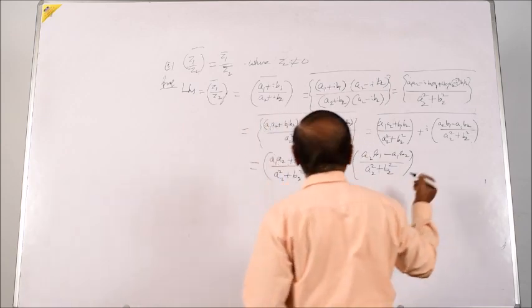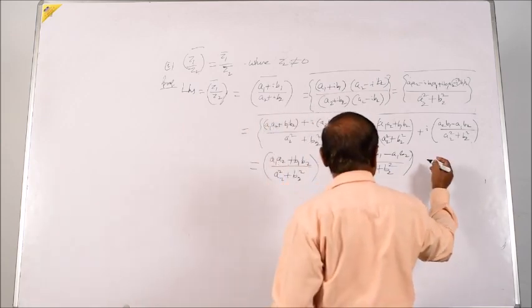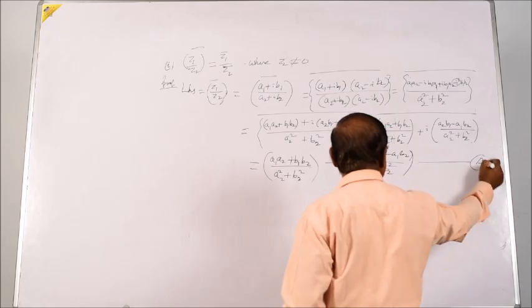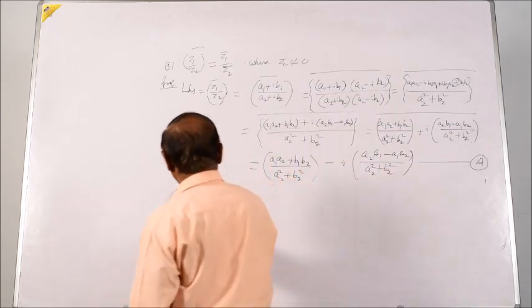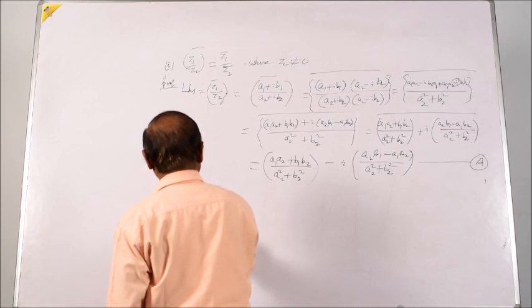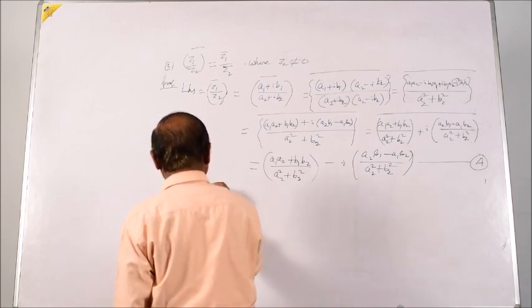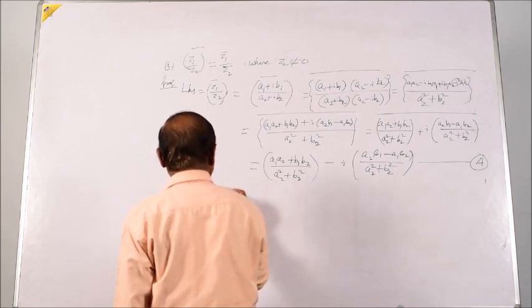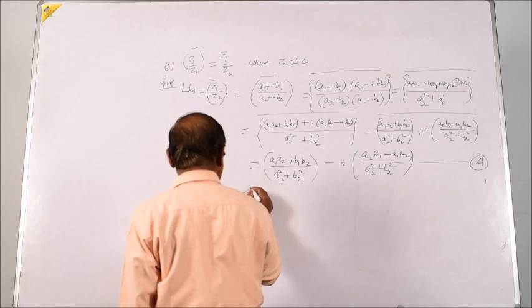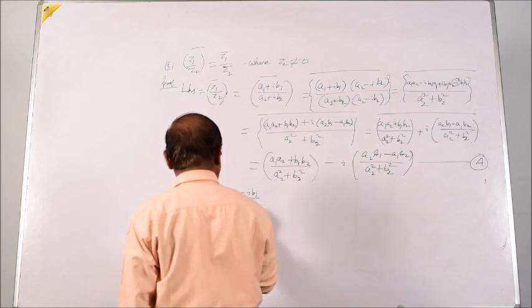Now suppose this is equation A, whatever you write. And on the right hand side you take RHS, that is z1 bar by z2 bar. z1 bar you know is a1 minus ib1, z2 bar is a2 minus ib2.